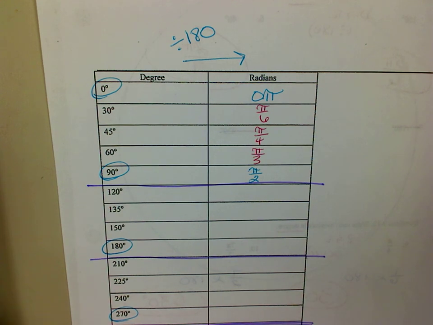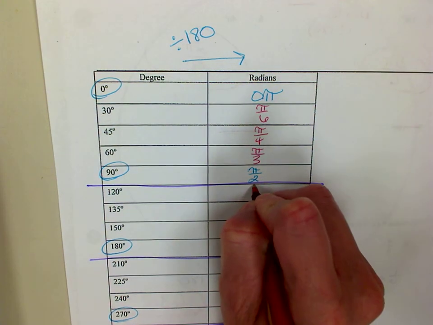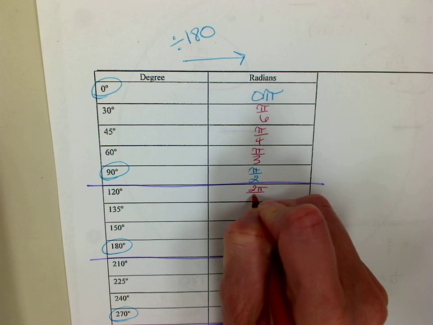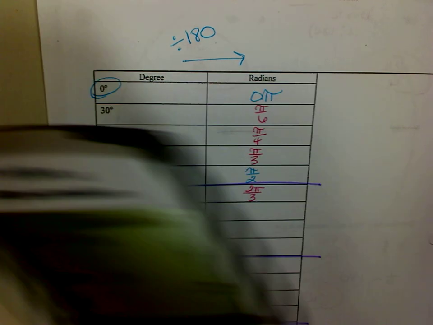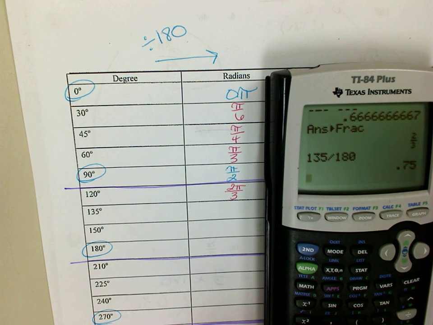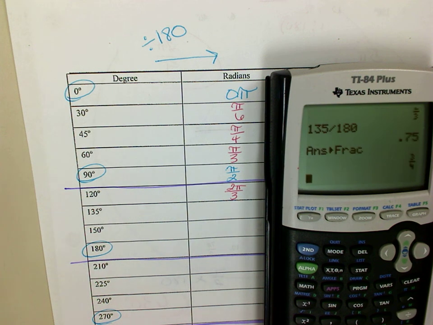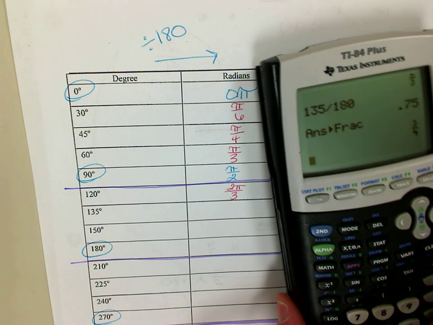120 divided by 180. I get a decimal. Math, enter, enter. I get 2/3. So 2 pi over 3. 135 divided by 180. Let me show you instead. Math, enter, enter. We get 3/4.